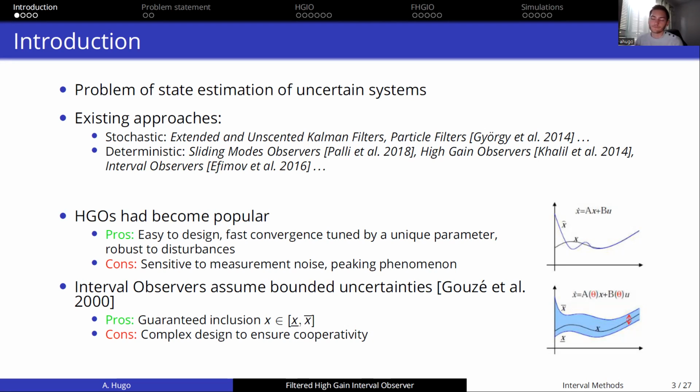The main drawback of this type of observer is the complexity of design. We will see that it's really hard to obtain the cooperativity of the error dynamics, which is what guarantees the inclusion. I will talk about this concept right after.